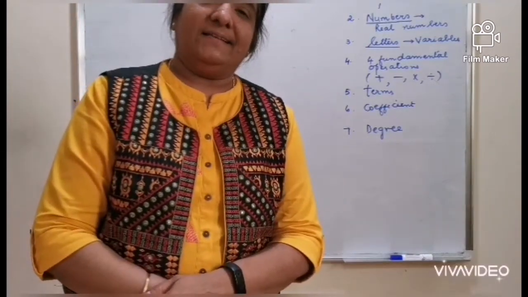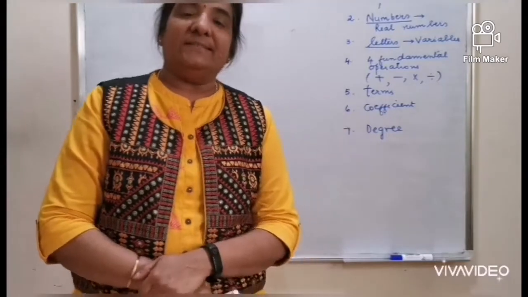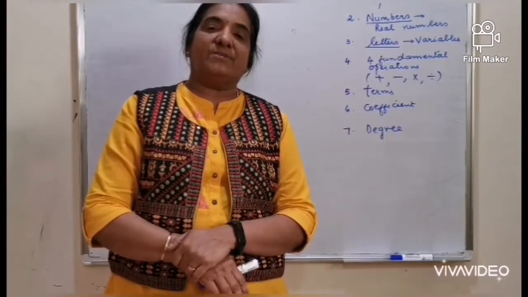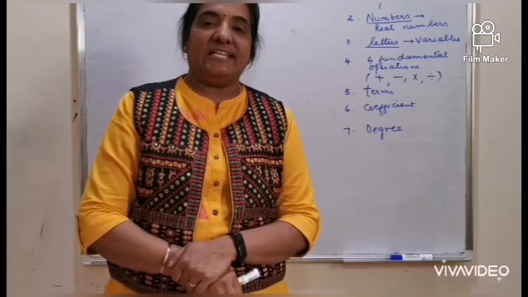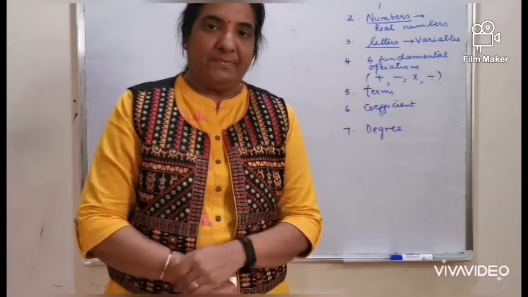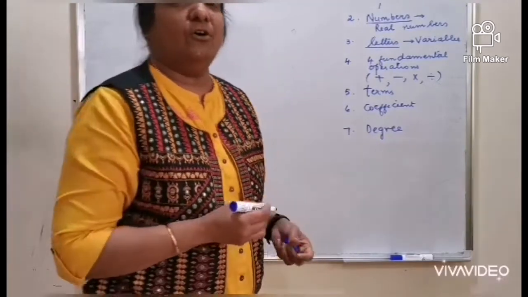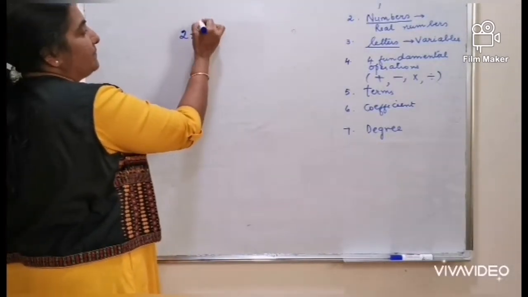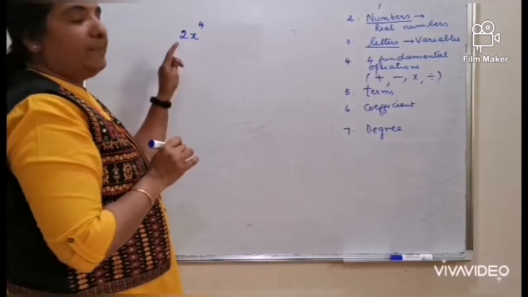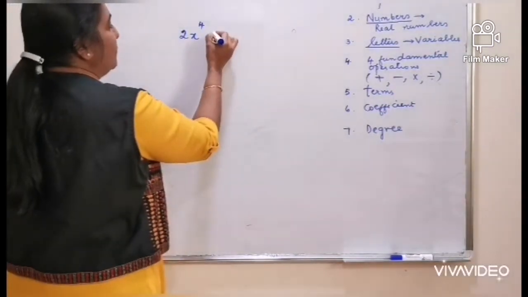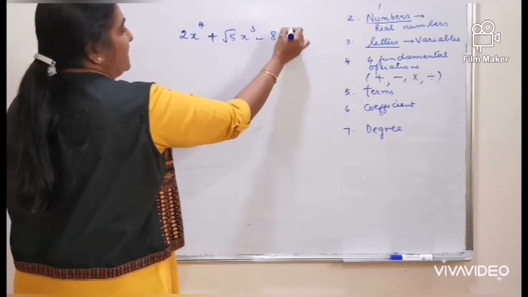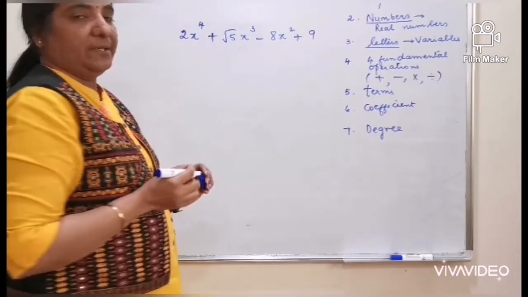In class 9, you have learned an expression with only one variable x or y or t or s. Let's take an example of an expression with only one variable x, 2x to the power of 4 plus root 5 x cubed minus 8x squared plus 9.